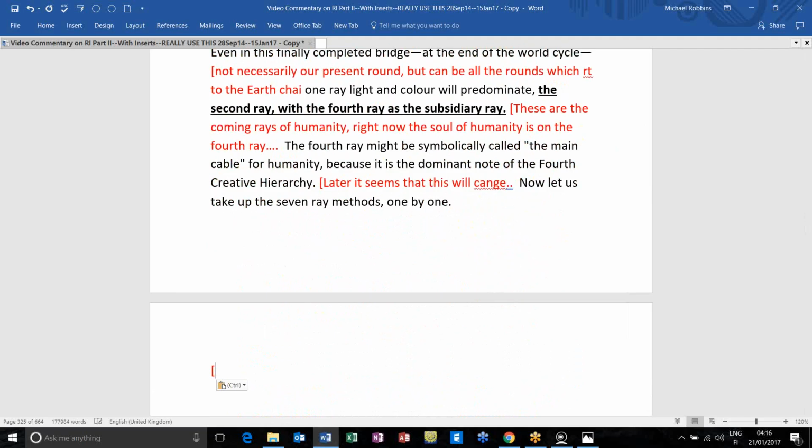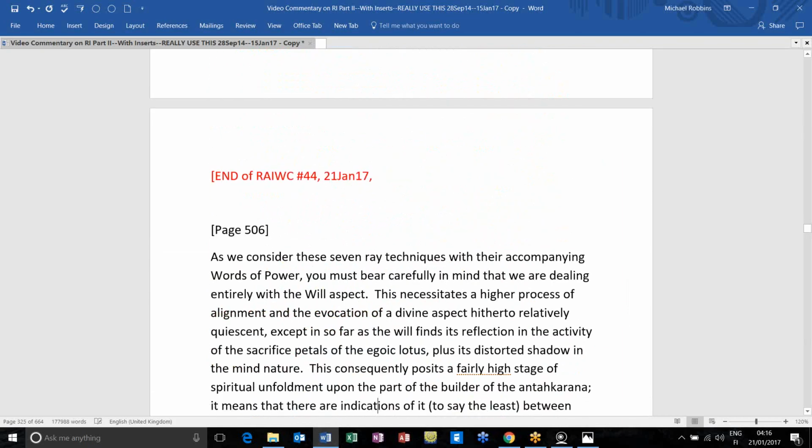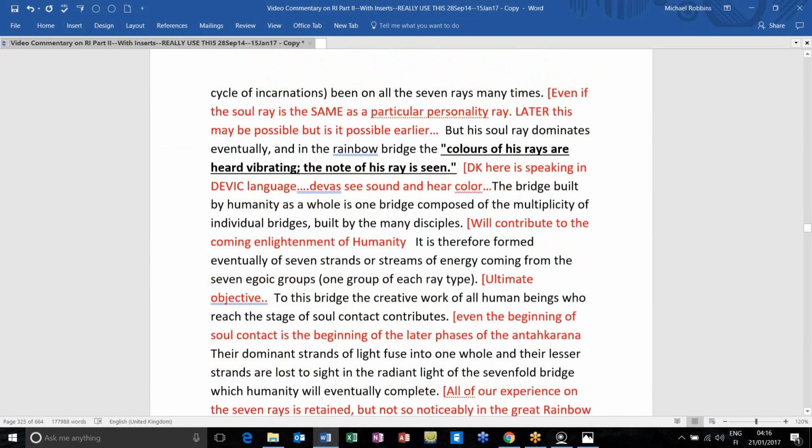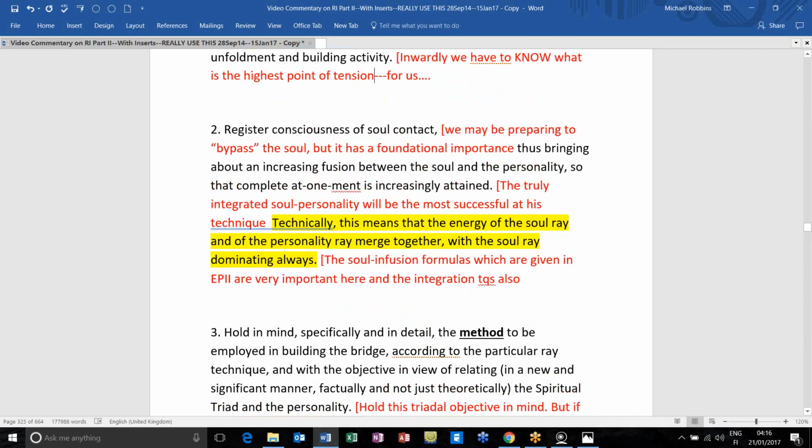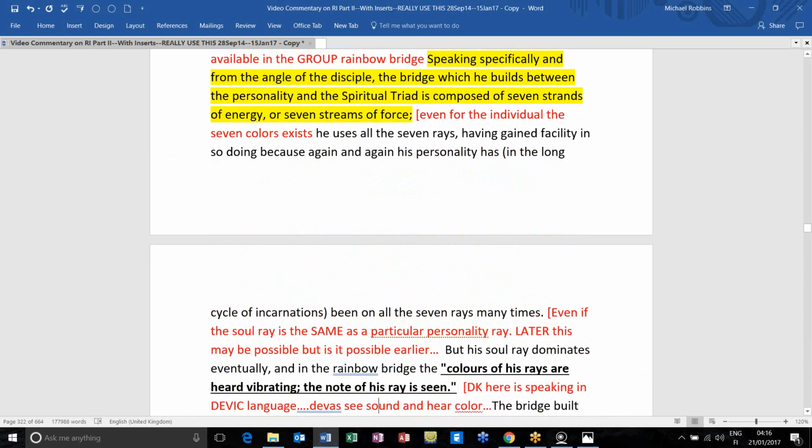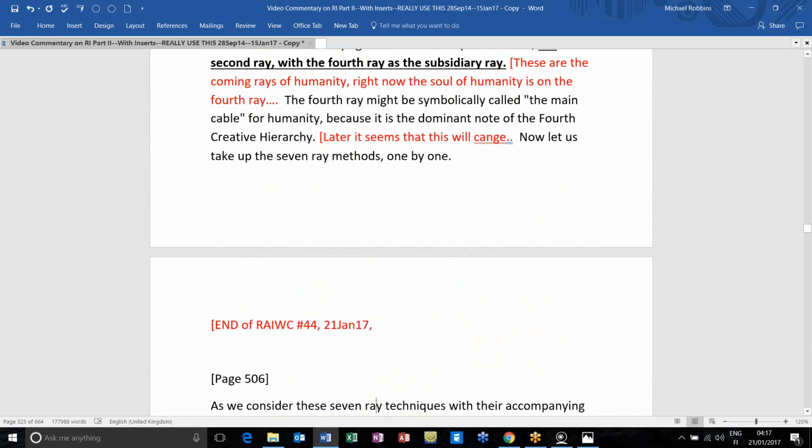So this is the end of Rays and Initiations webinar commentary number 44, and here we are on the 21st of January. We've entered Aquarius 2017, and our pages, we're just up to page 505, and we began at page 500. That was correct, wasn't it?